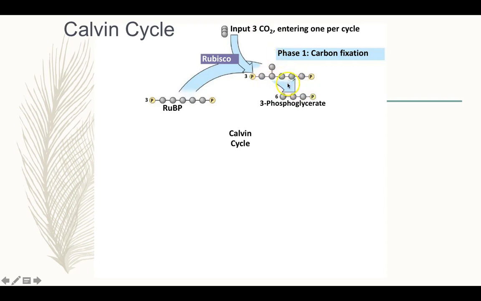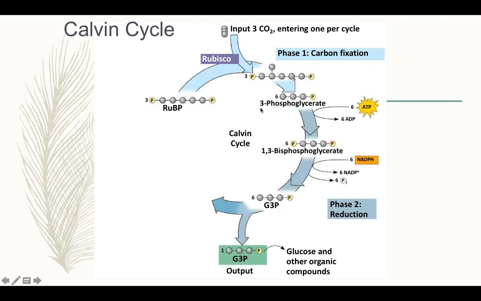This 6 carbon compound is going to be broken down into, instead of having 3 6 carbon compounds, 6 3 carbon compounds. Still 18 carbons, okay? Keep up with your carbons. We're counting carbons. But instead of having a compound that has a phosphate on both ends, it now only has a phosphate on one end. And this compound is called 3-phosphoglycerate.